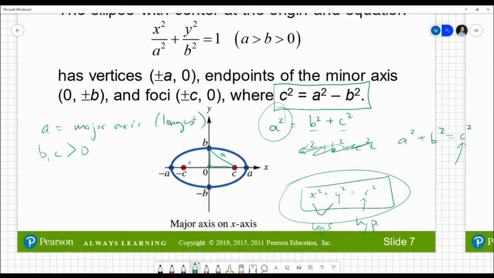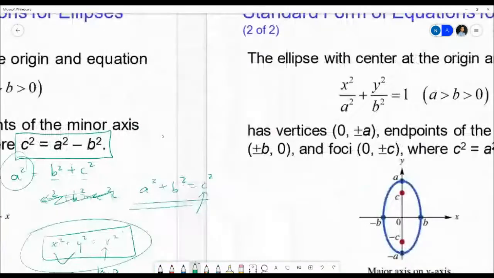Okay. Now, when we get to a hyperbola, you see this again. It's going to be in the normal setting, A squared plus B squared equals C squared. But we'll get to that. Okay. Just know that the two smaller sides equal the longer side.